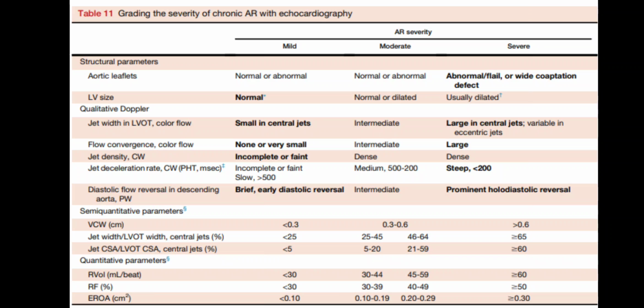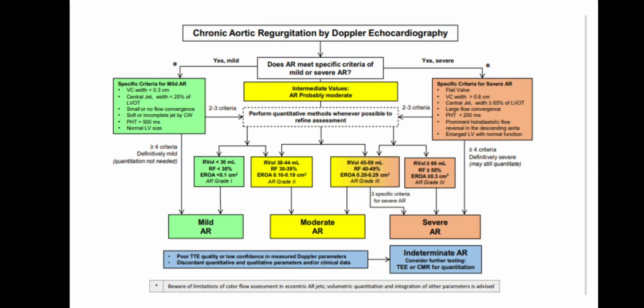Qualitative Doppler, which we already discussed: jet width in LVOT, color flow convergence, jet density, jet deceleration time in continuous wave, pressure half time, and diastolic flow reversal in the descending aorta. Semi-quantitative parameters are vena contracta, jet width by LVOT width, and central jet cross-sectional area by LVOT cross-sectional area. Quantitative parameters are regurgitant volume, regurgitant fraction, and EROA. We already discussed these and categorized them as mild, moderate and severe.